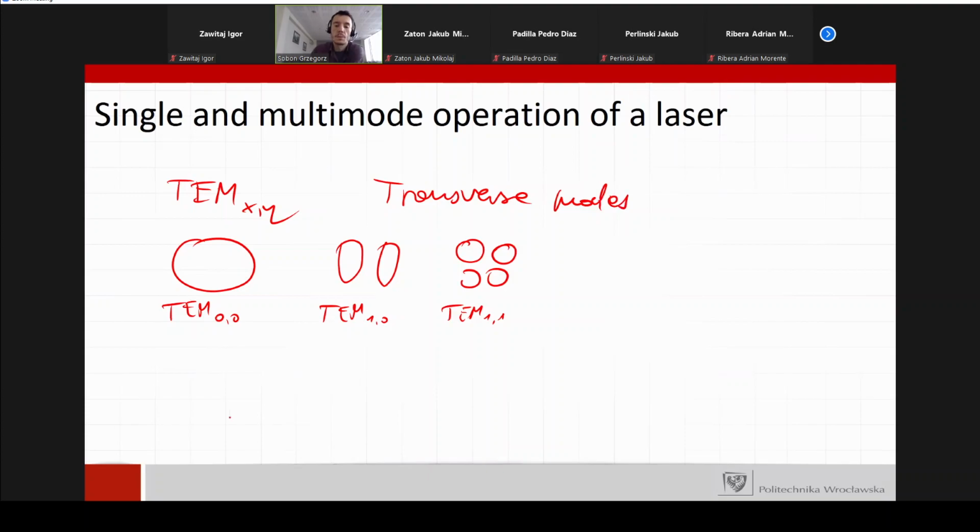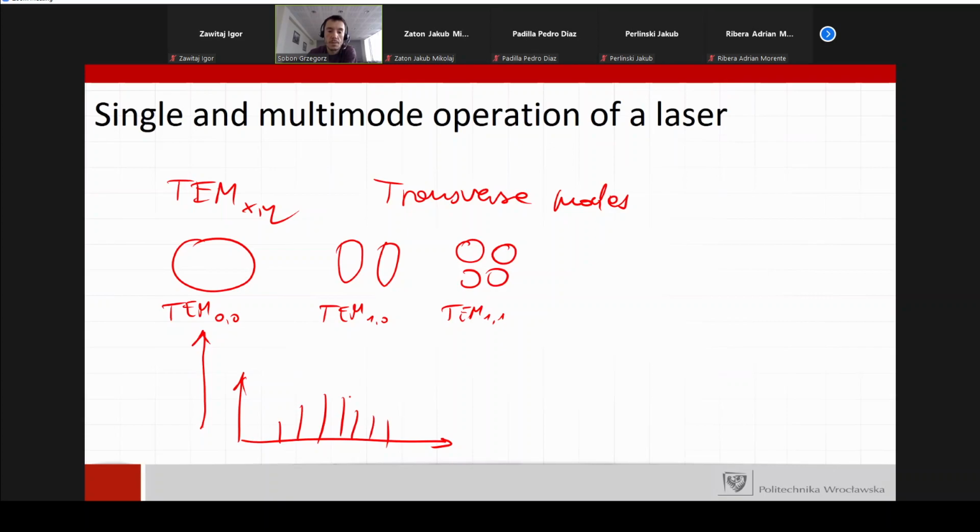Longitudinal modes refer to the frequencies that are emitted by the laser, and you can guess that we can have many longitudinal modes emitted as one single transverse mode. So it can happen that the laser has, let's say, 3, 4, 7 longitudinal modes, and they are emitted from the laser as a single transverse mode.